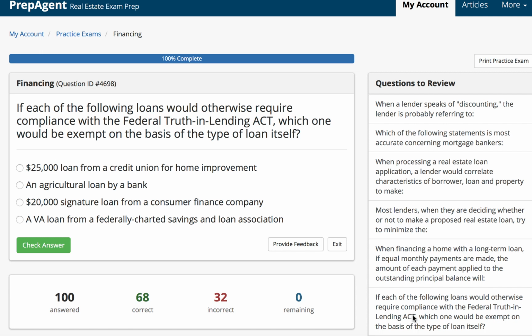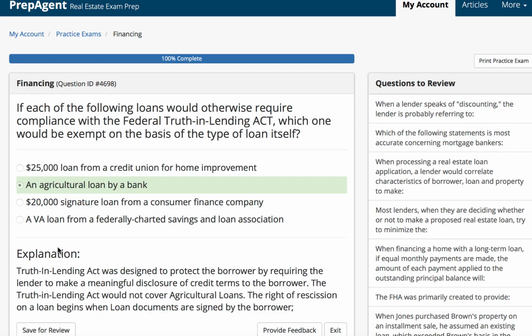Okay, a $25,000 loan from a credit union for home improvements, an agricultural loan by a bank, a $20,000 signature loan from a consumer, a VA loan from a federally funded chartered savings and loan association. I know it's not the ones with the money in it. I'm going to say the agriculture loan. Good. Excellent.